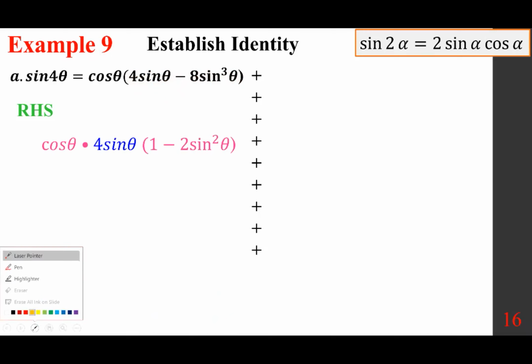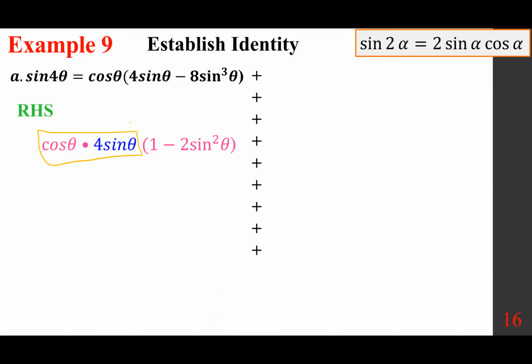And notice this part is 4 sine theta cosine theta. Therefore, it makes it 2 sine of 2 theta. And this one, 1 minus 2 sine squared theta, is cosine of 2 theta.